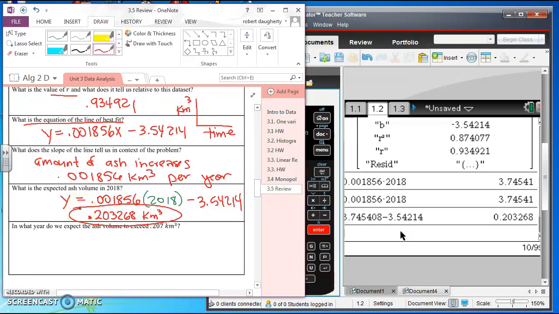Okay. When will the amount of ash exceed 0.207? So let's first start, when will it equal 0.207? Here I'm just solving for x.